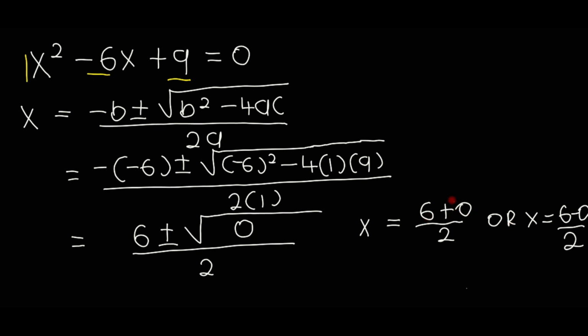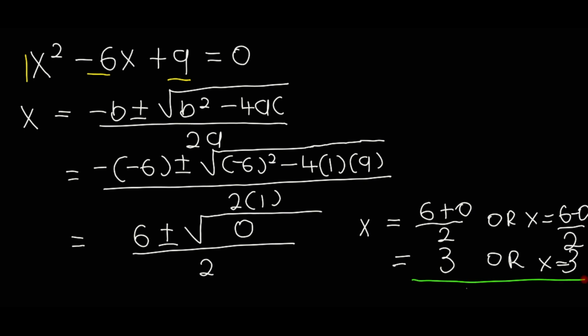So this is 6 plus, and then we have 6 minus, and this 0 is this one. So from there we have 6 plus 0 over 2, and we get 3, and this one 6 minus 0 over 2, also gives us 3.